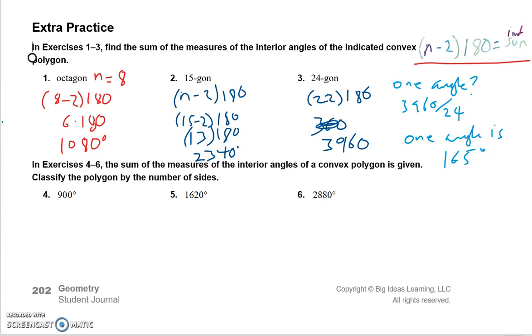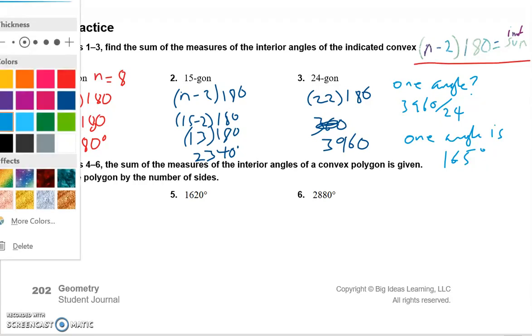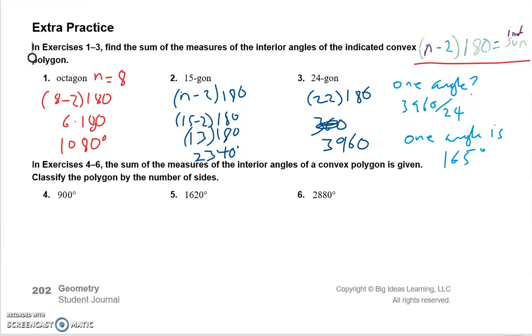Okay, so the next part has you doing them basically backwards. So 900, you're going to take the same formula, but now it's n minus 2 times 180 equals 900. First step, divide by 180.